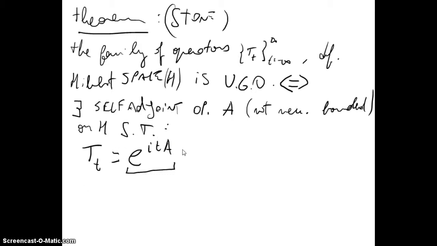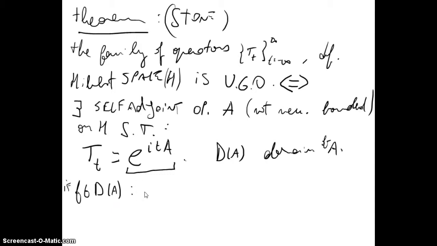Okay, so we have to consider this equality in the following sense. If you consider that D(A) is the domain of the operator A, which is dense in H, if f is in D(A), then we have that the limit as t goes to 0 of (T_t f minus f) over t is equal to iAf.